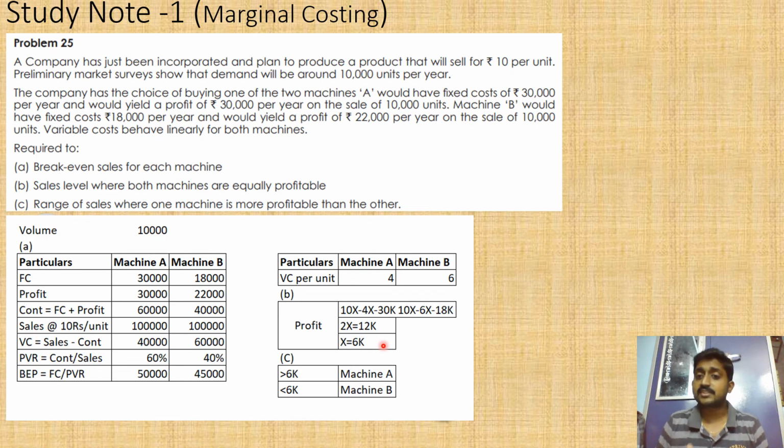When your sales is 6,000, you can go for machine A or machine B. In both cases you will yield the same profit.